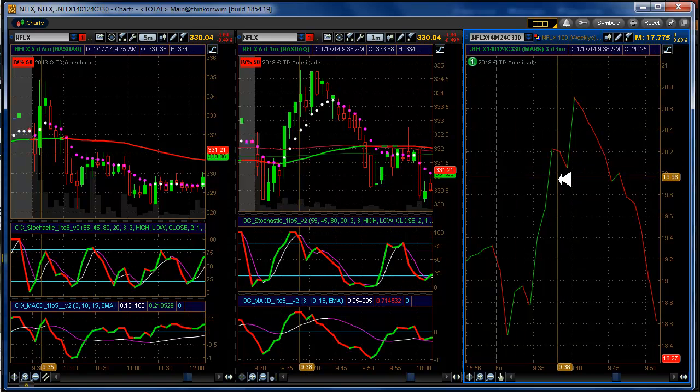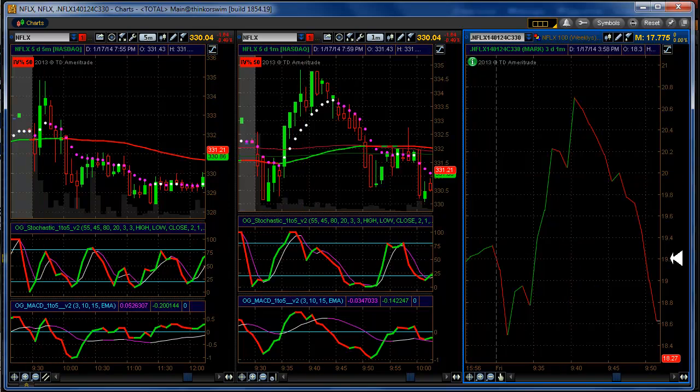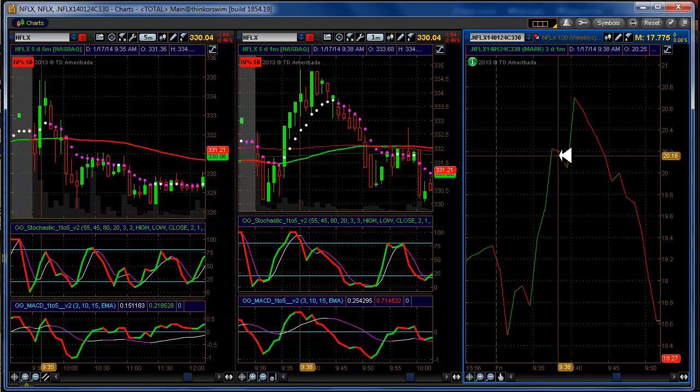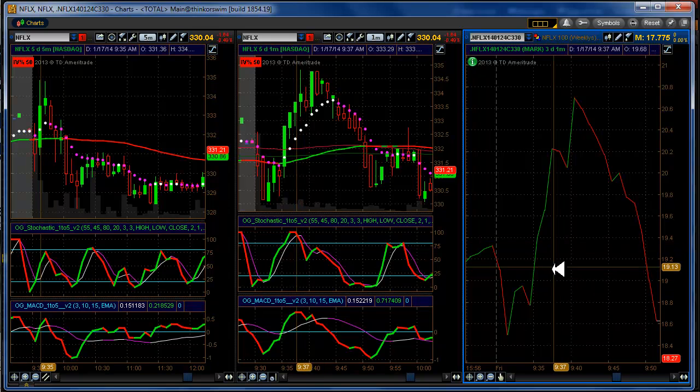So that's right up here, and that's at $20.02, or 20 cents. So that's actually $2 or $1.30. That's $130, ladies and gentlemen.